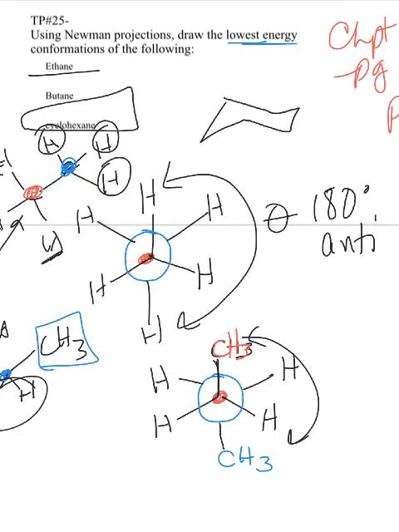A little more challenging, right? The way you do a cyclohexane is we're going to draw this as your red, and then this would be your blue. Now the nice thing about this is they pretty much all have hydrogens, right? This has a hydrogen and a hydrogen. This has a hydrogen and a hydrogen.